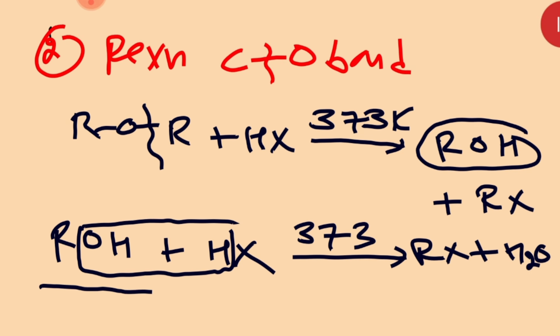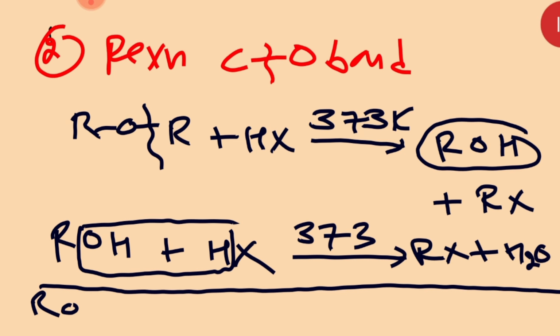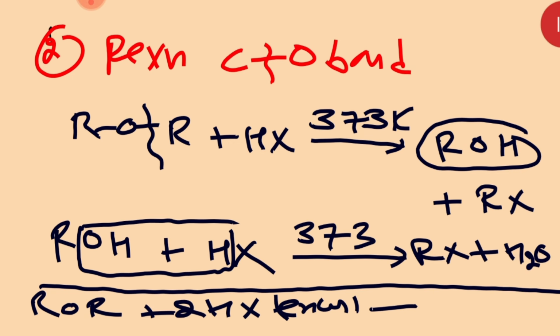And you can write the overall equation: ROR plus 2HX, taken in excess, gives 2RX plus water. I hope you understood my point. Clear? So we have cleaved the C-O bond.